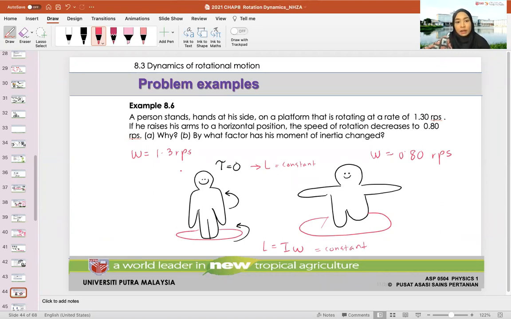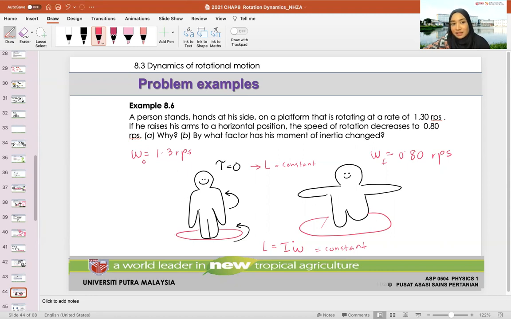So if my omega was initially, this is our initial omega, 1.3 RPS, and then our final omega was 0.8 RPS. Dia berubah. What has to change to keep my L constant? What has to change here? Senang je guys.